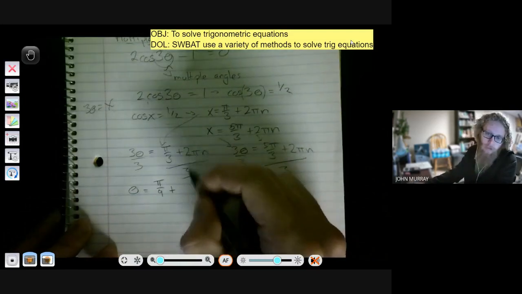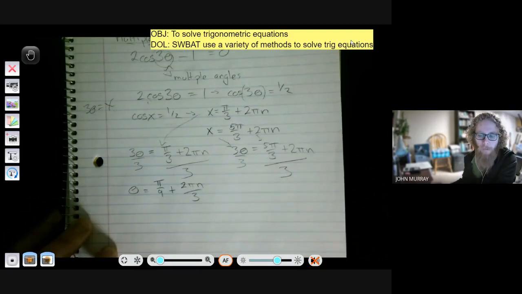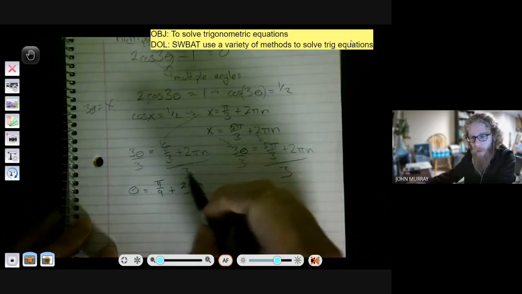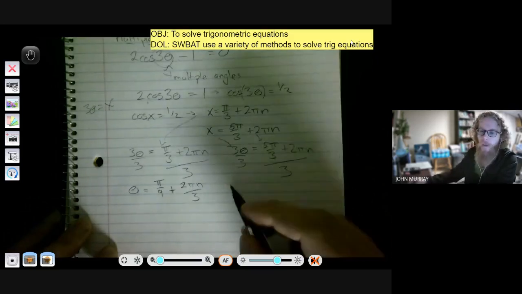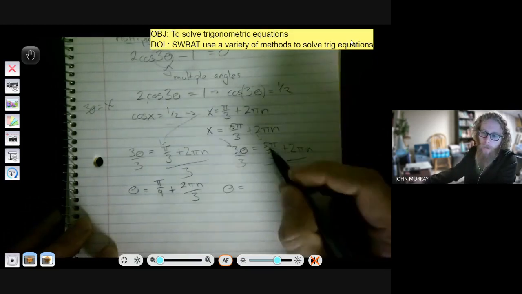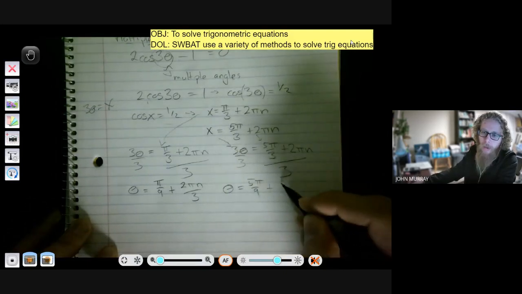Plus, I don't have anything to combine this with, so I'm just going to write 2 pi n over 3. I just distribute that divided by 3 to both of those parts, and I do the same thing over here. So this is going to become 5 pi over 9 plus 2 pi n over 3.